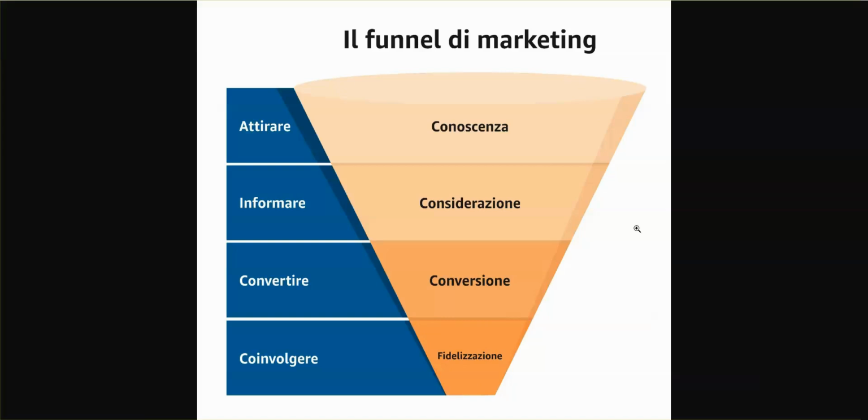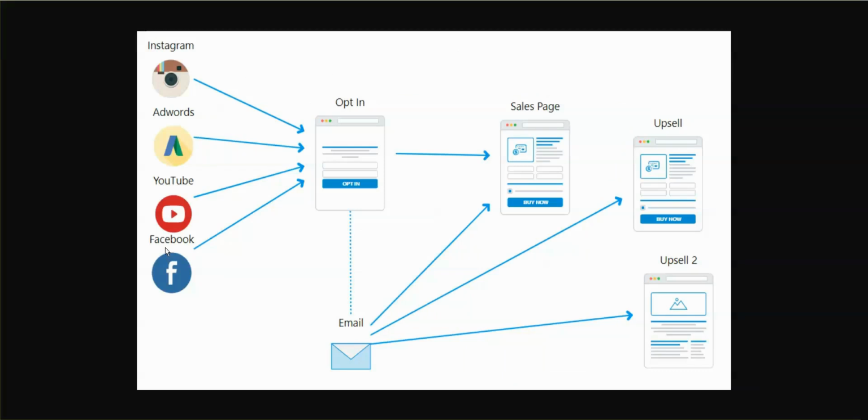But in technical and practical terms, how does a funnel work? Simply, as we explained before, once traffic is purchased from Instagram, Google, or YouTube, from all the various traffic sources that we consider suitable for our company, imagine the people who daily visit Google or social platforms like Facebook, Instagram, etc. They see one of our ads, click on it, and at that point, they end up in the first step of our funnel.